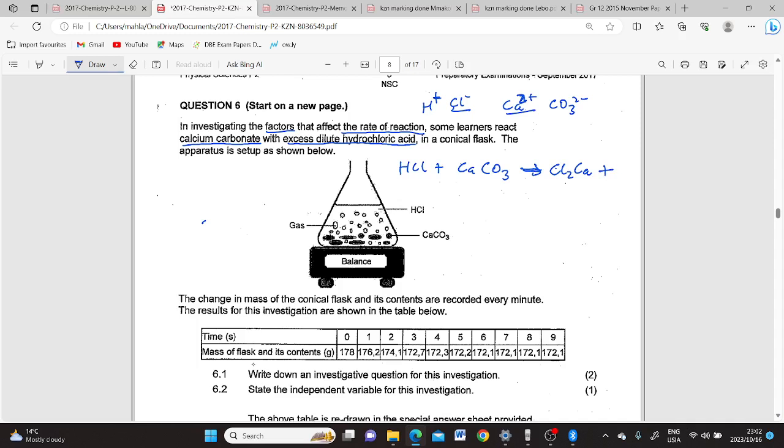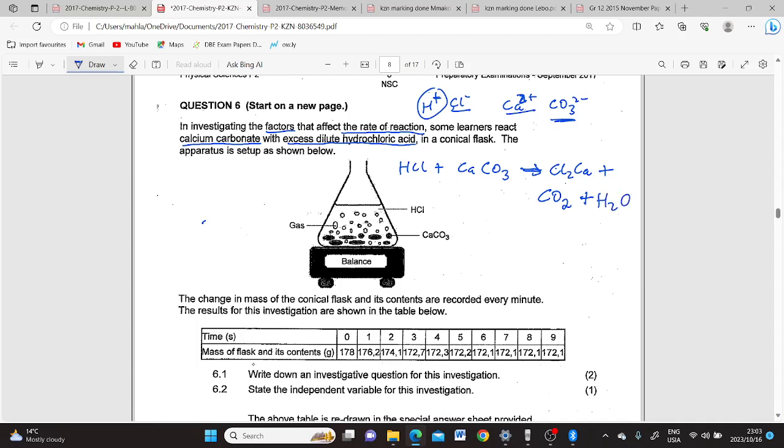It must be the carbon dioxide produced, since we have this carbonate, so it means there will be CO2, carbon dioxide, then plus, what else can we have? Now the H and the oxygen there, they will form H2O.